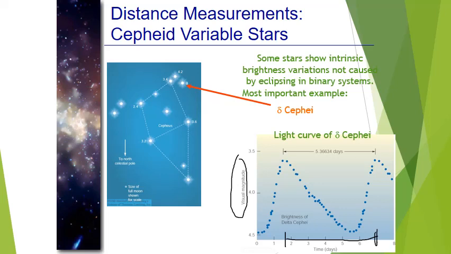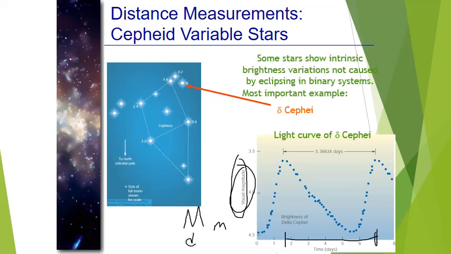And that's nice because once we're able to determine that period, it turns out that the period of a variable star like this is related to its luminosity. And once you know the luminosity, remember luminosity is essentially absolute magnitude, once you know the capital M, and we already know the little m, once you know those two things, you can determine the distance by using what's called the distance modulus.